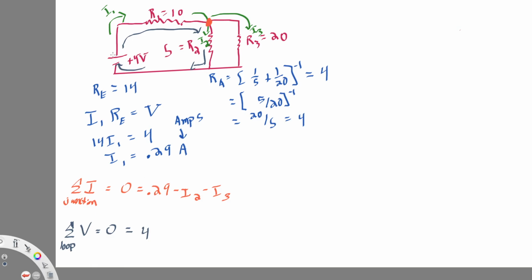So we gain 4 volts going over our battery. We lose voltage going over the first resistor in the amount of I1R1. We lose voltage going over the second resistor in the amount of I2R2. And both of these are consequences of Ohm's law, where V equals IR.